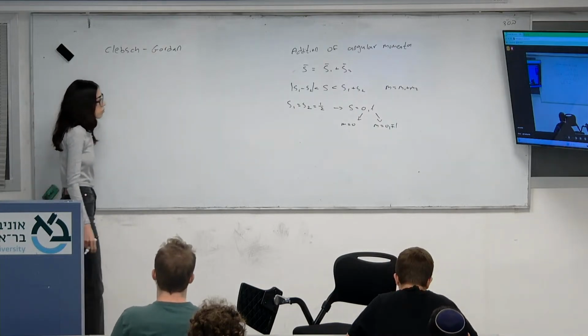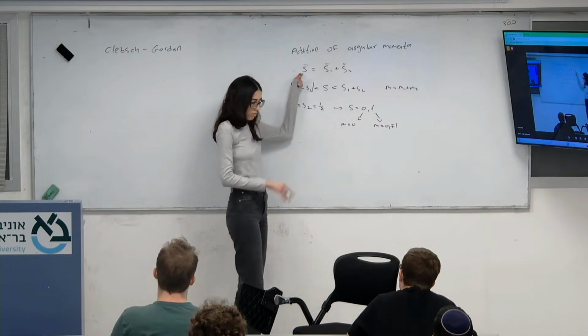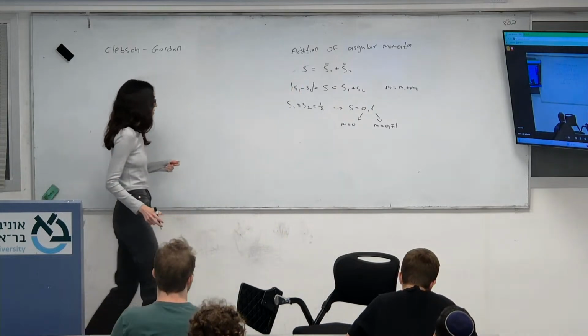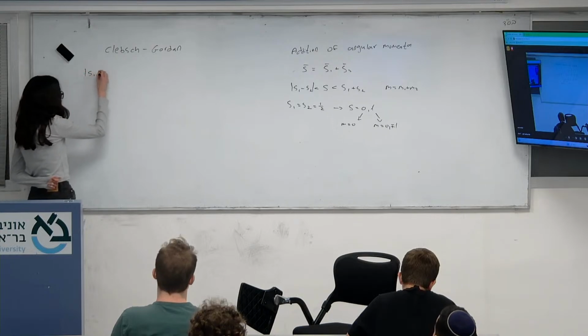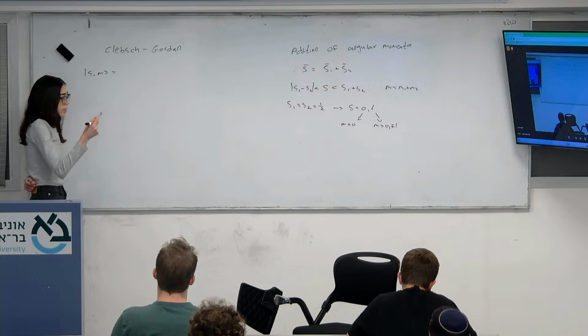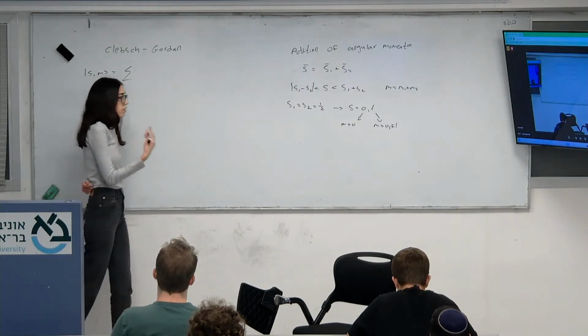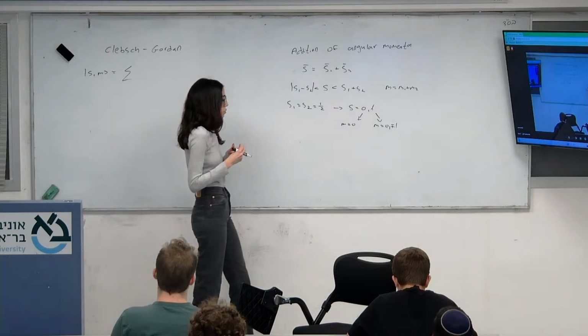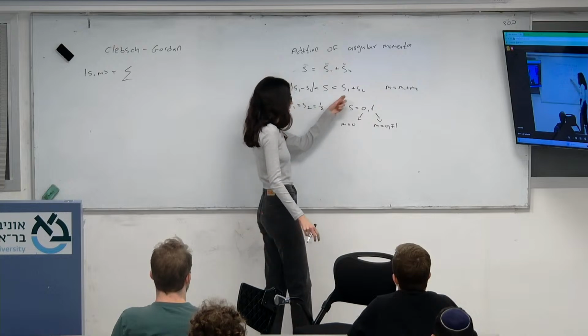If I want to write a new state in the basis of the total angular momentum S, I have some specific states S and M. I can write it as a superposition, a summation of states in the old basis.